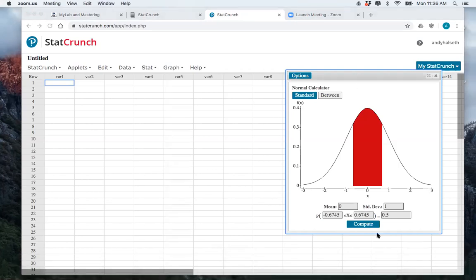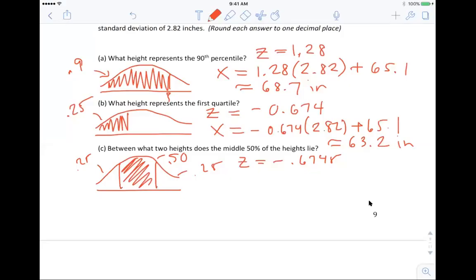Now notice on this one, you're going to need two answers, right? Because it says between what two heights does the middle 50% lie? So we have a negative 0.6745 and also a positive 0.6745. We have to do that formula for each one, right? So my first one, negative 0.6745 times the 2.82 plus the 65.1. Right?